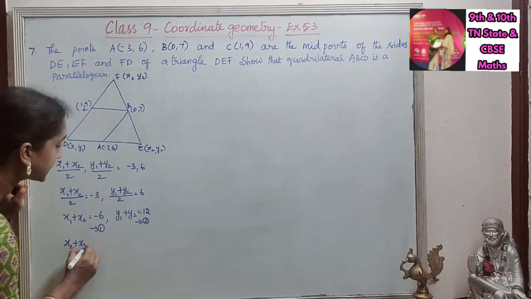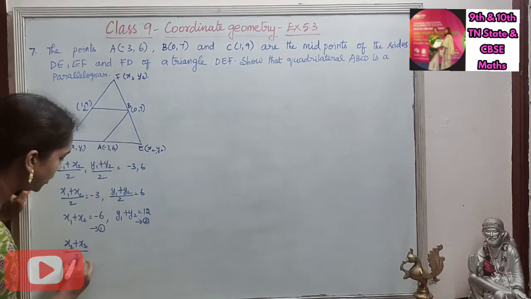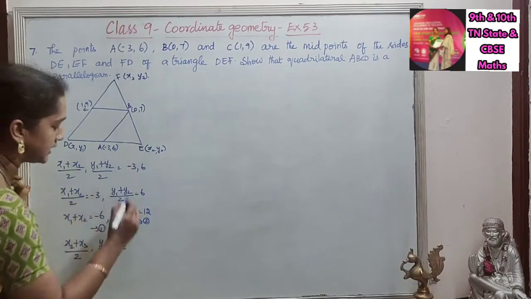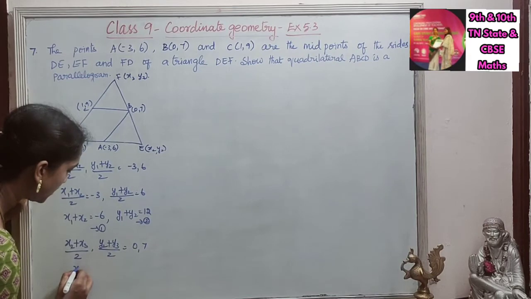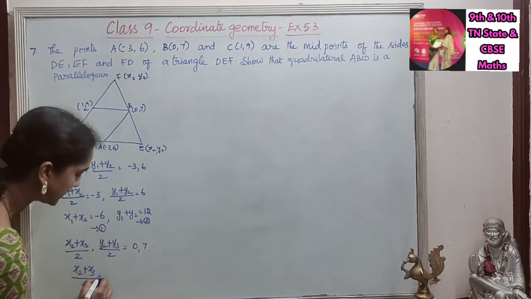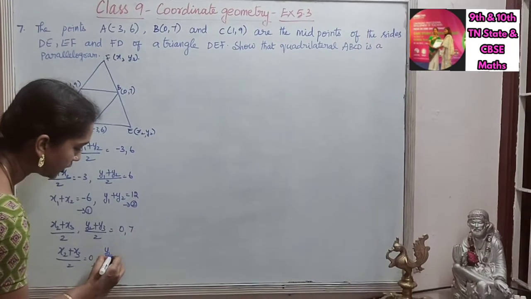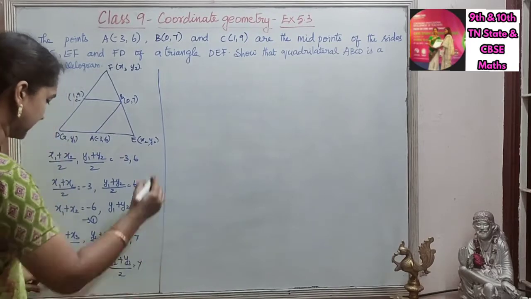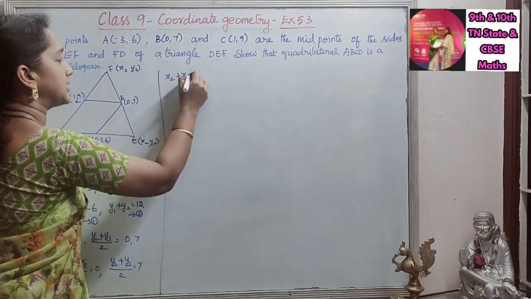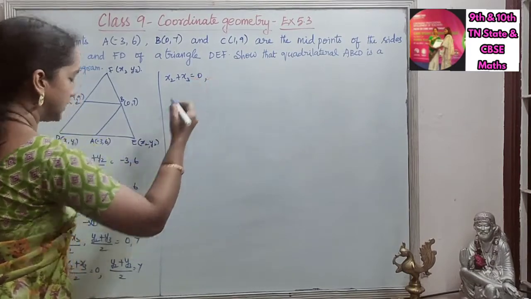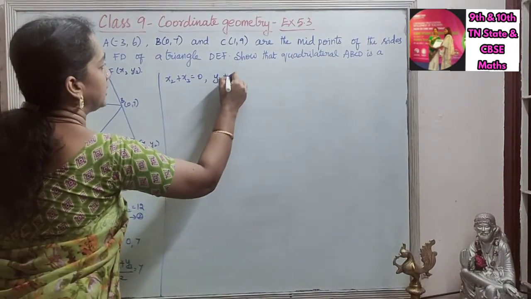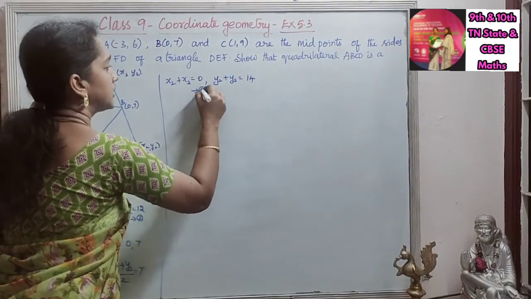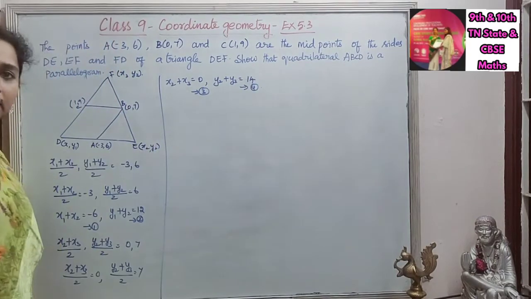So (x2 plus x3) by 2, (y2 plus y3) by 2 is equal to 0, 7. So (x2 plus x3) by 2 is equal to 0 and (y2 plus y3) by 2 is equal to 7. So we get x2 plus x3 is equal to 2 into 0, that is 0. Then y2 plus y3 is equal to 2 into 7, 14.